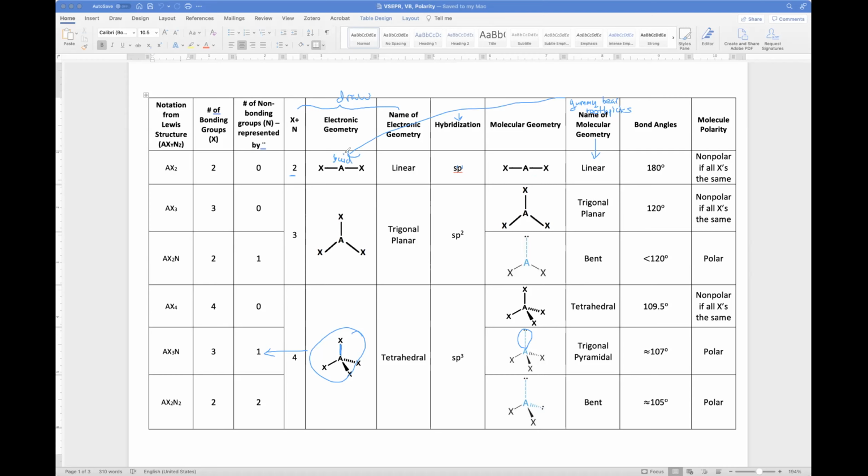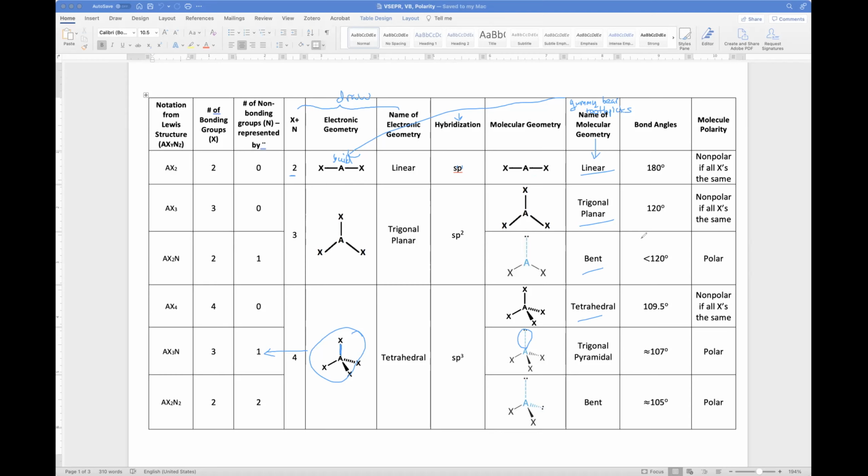And then to get to the other, I would pop off one of them. I'd pull out one of the toothpicks and say, okay, what does the rest look like? And that will help you in getting to the naming here. So you start by building your electronic geometry, but then to get to your molecular geometry, you would pull off a toothpick and see what's left. And that will help you get to your molecular geometry, because visualizing this is going to be very helpful.